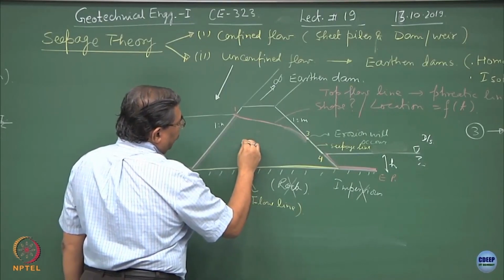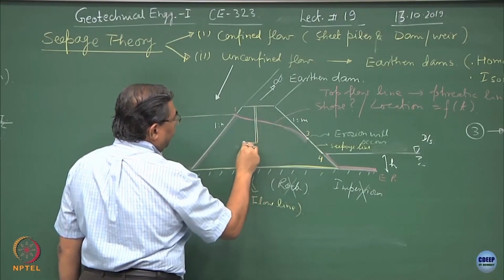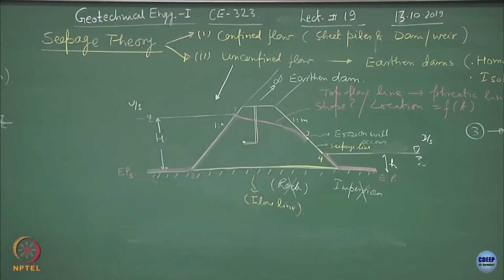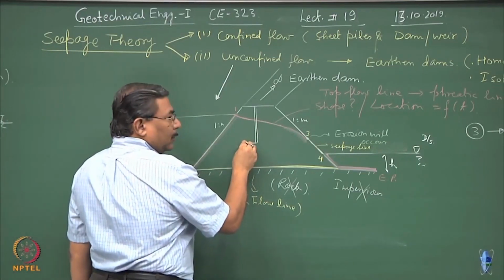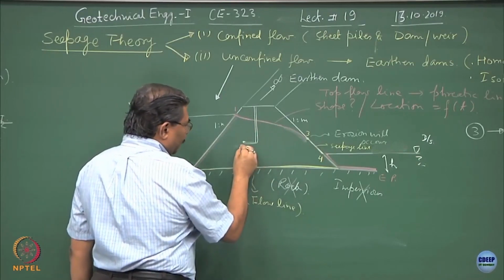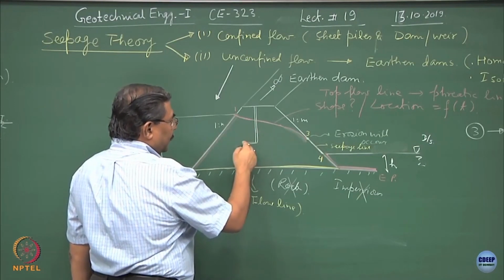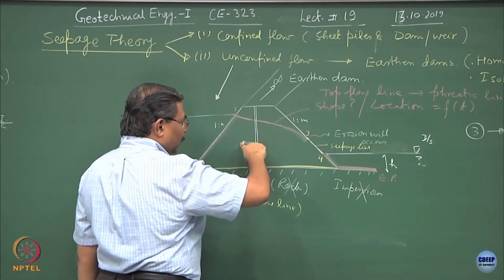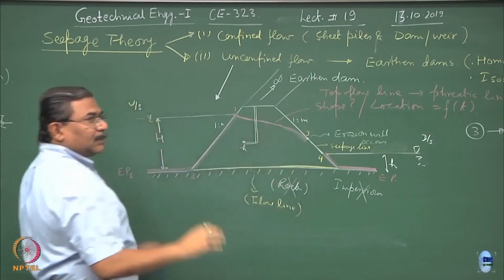If I keep a piezometric tube at this point, and if I know somehow the flow net of the system, if I know the total head at this point, the total head is going to be equal to the equipotential line which is going through this point and cutting the top phreatic line. So, just consider this for the time being.